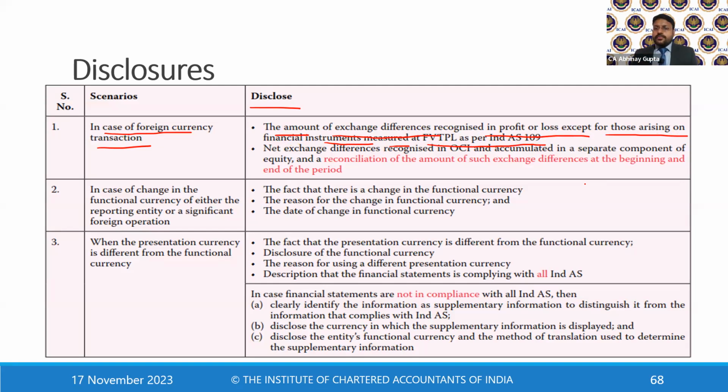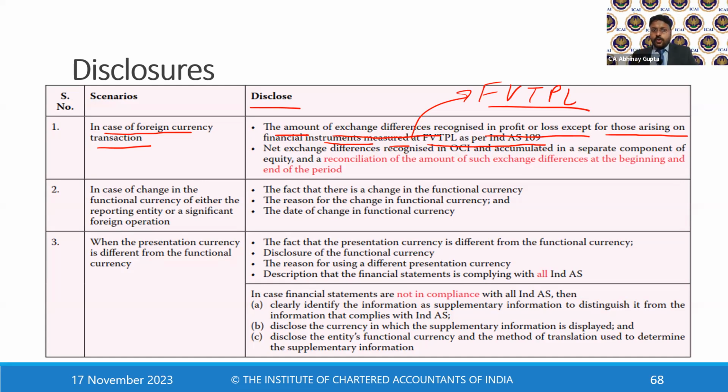So if there are any exchange differences, be it profit or loss, it will be recognized in the P&L except for those arising on the financial instruments measured at FVTPL. So when the financial instruments are measured at FVTPL, fair value through P&L, they are automatically required to be recognized through P&L only under Ind AS 109, right?